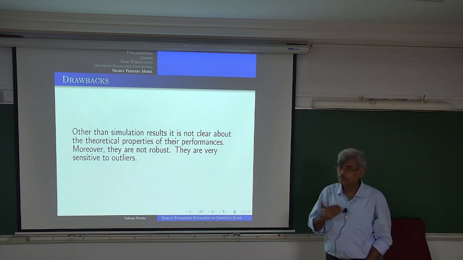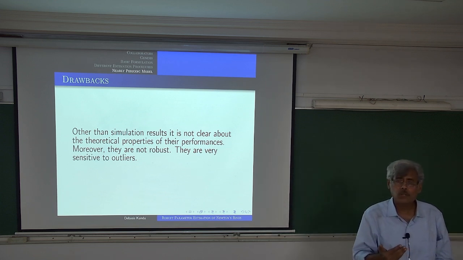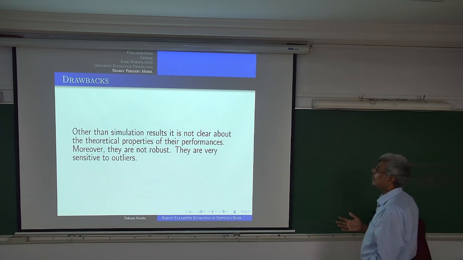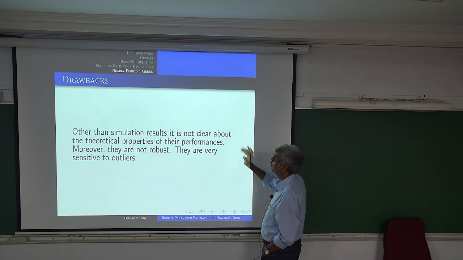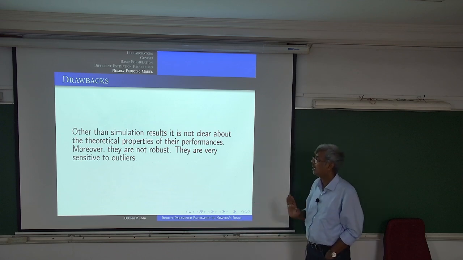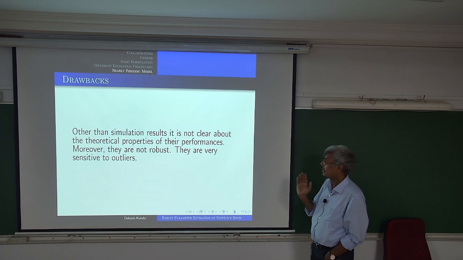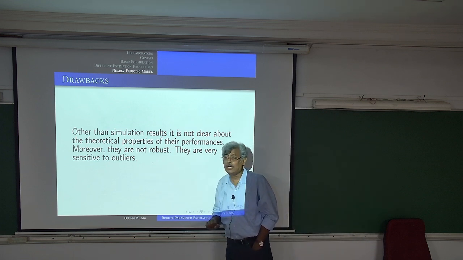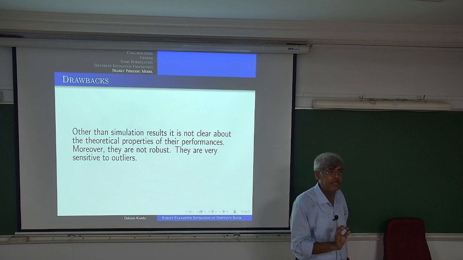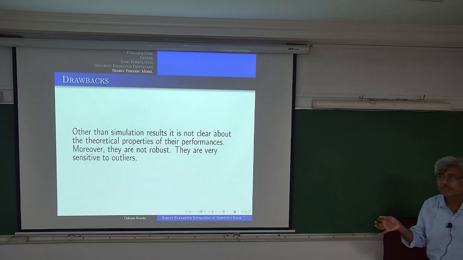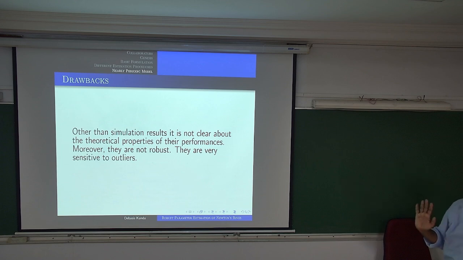They have come up with an algorithm, and as I said, these are basically metaheuristic algorithms. They only show simulation results, and the theoretical performances are not there. Not only that, they are not robust either. Even if there are very few odd noises, they are not able to take care of them. They are very sensitive to outliers.